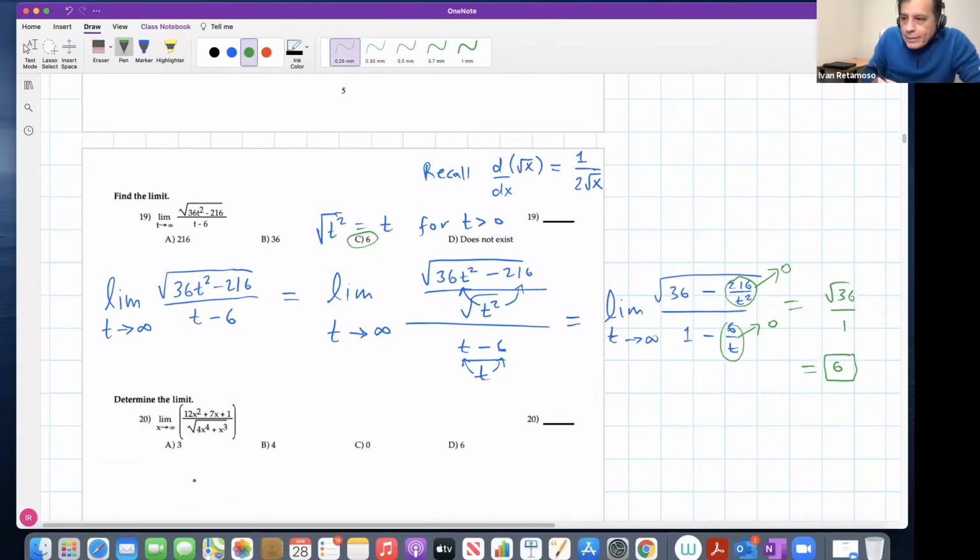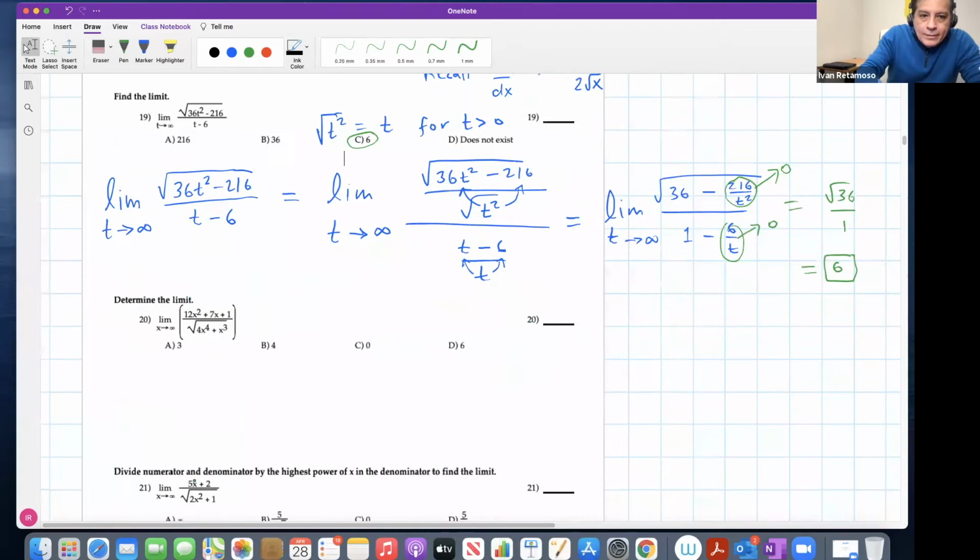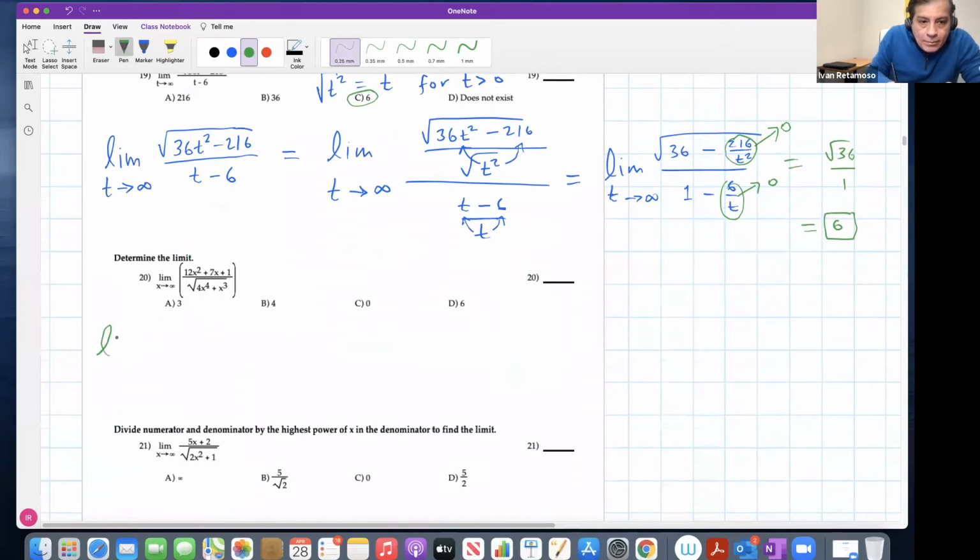For this one, let's use the same method. They want you to compute the limit as x approaches infinity of 12x squared plus 7x plus 1 over the square root of 4x to the 4 plus x cubed. Very tricky, this one.